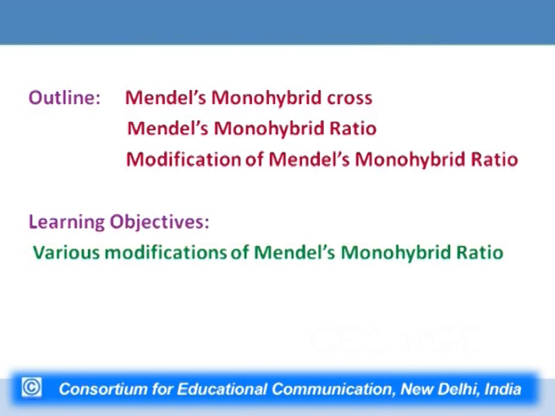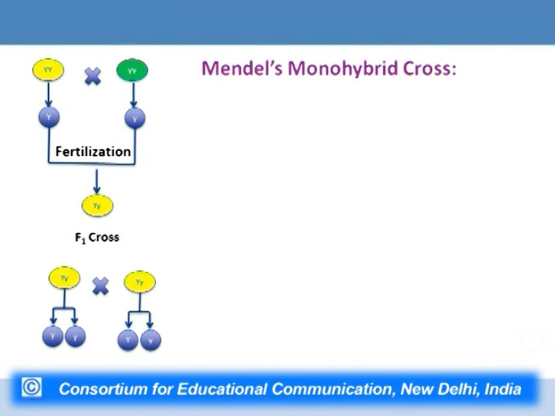So the learning objective for today's lecture is various modifications of Mendel's monohybrid ratio. Before I talk about various modifications of this ratio, I would like to go through what exactly the monohybrid ratio is, using the example of Mendel's experiment. Mendel did a monohybrid cross, wherein he took a particular character and used purebred lines of a given character which were giving alternate phenotypes.